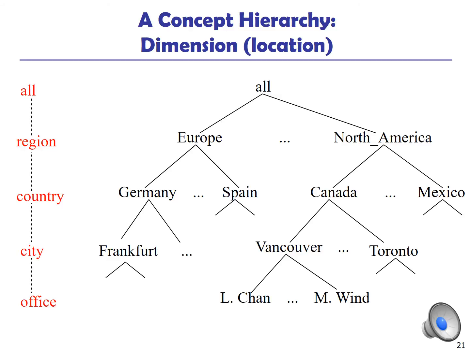So you can actually have a mapping all the way from office, which is your four-dimensional cuboid, all the way to the summarization, which is all.